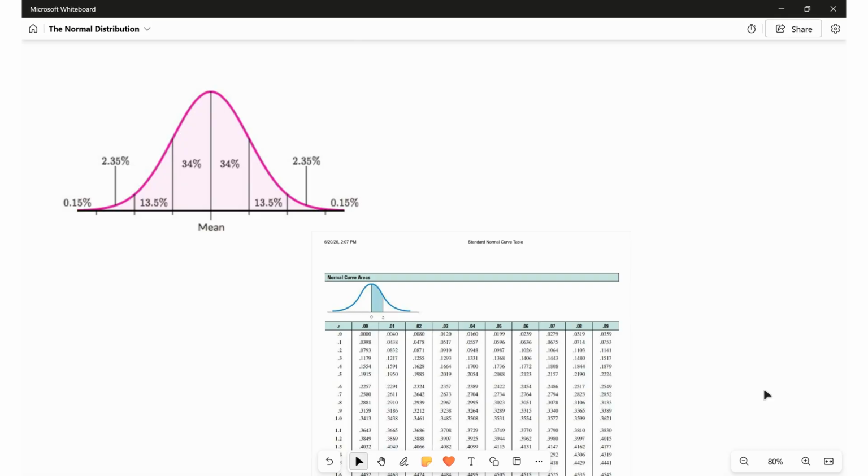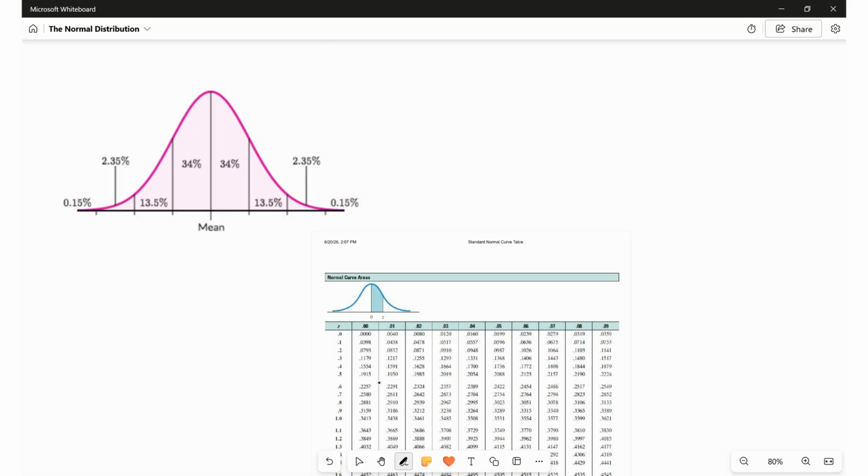Okay, so the z-score table can help us out with some things. So here is our standard normal distribution curve. We have our different percentages. This one even has those little 0.15% tails included, those outliers that we talked about.